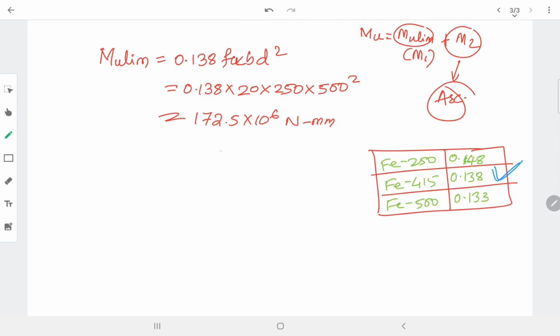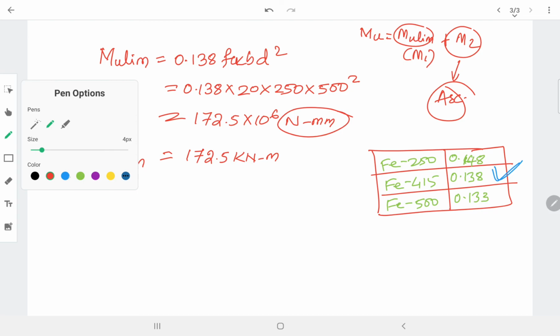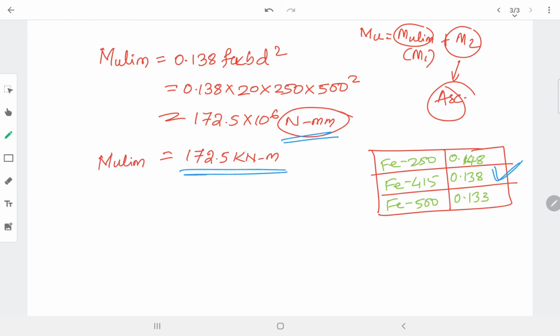I am supposed to write it in kilonewton meter, so Mu limit is equal to 172.5 kilonewton meter. When you convert Newton mm into kilonewton meter, you divide by 10 to the power of 6. This is the way to calculate Mu limit.